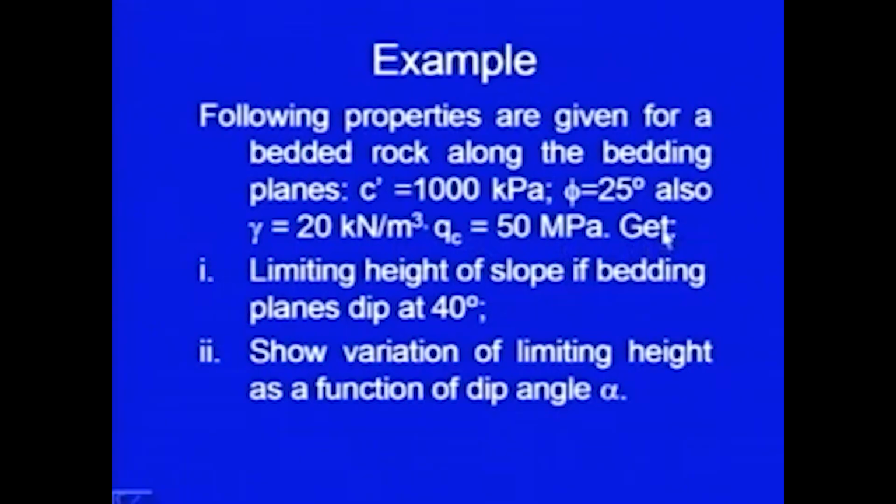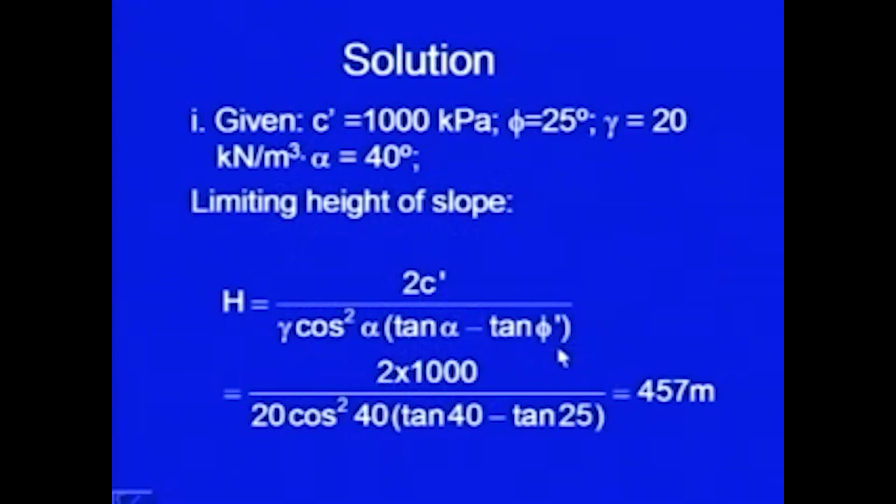It has been asked to find the limiting height of the slope if bedding planes dip at 40 degree, and also to show the variation of this limiting height as a function of dip angle alpha. So, this is the solution of the first part.